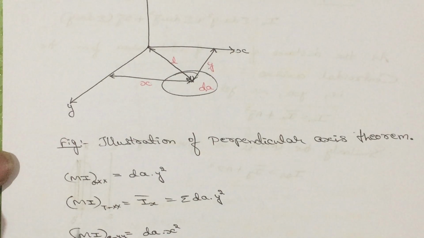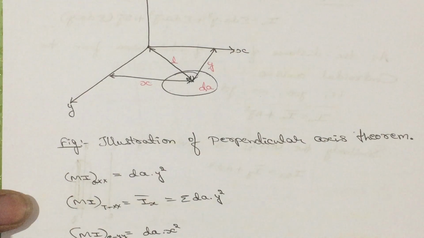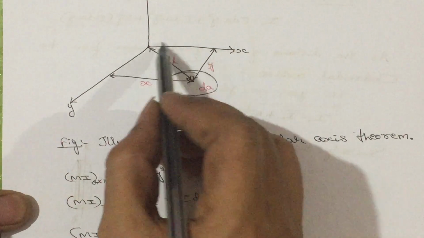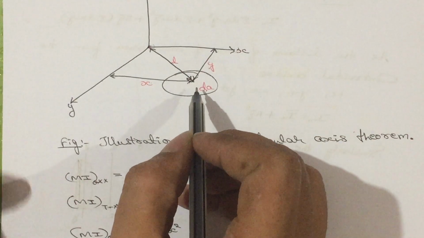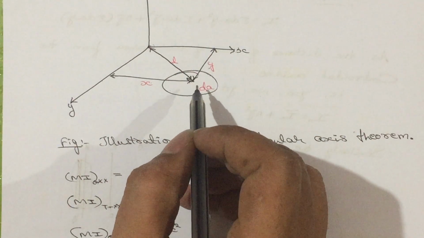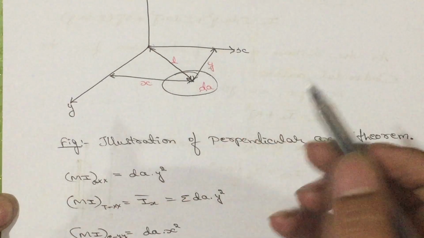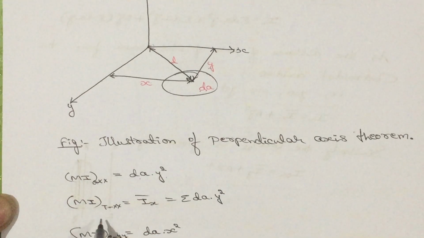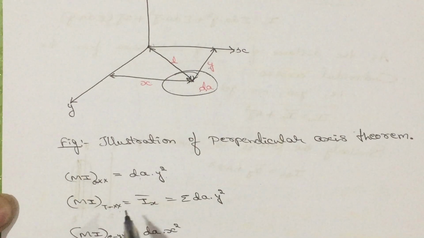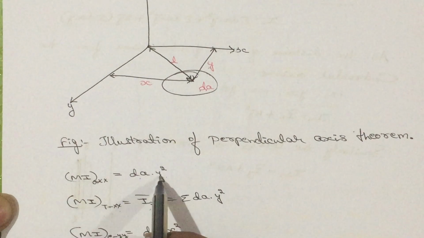Now consider the moment of inertia about the xx axis. The moment of inertia is nothing but area multiplied by distance square. So area is dA, distance is y, so dA into y square. So the moment of inertia of the total area about the xx axis, that is Ix bar, for a small element is this much.